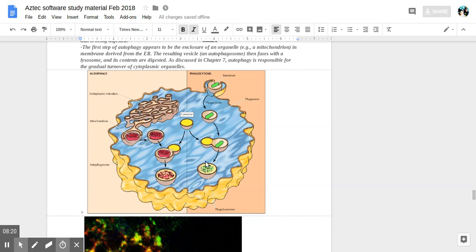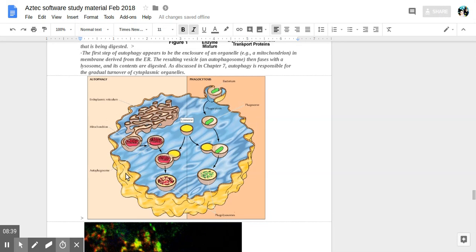So it combines with the lysosome, with its low pH and acidic content. So the hydrolases inside the lysosome break down the contents.